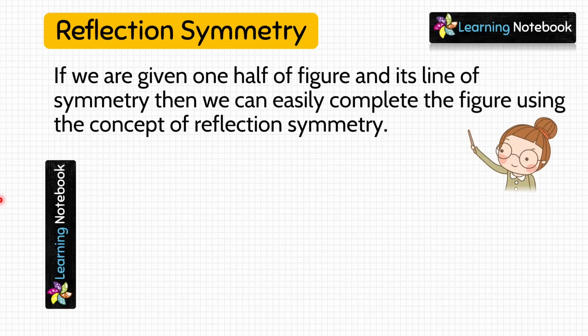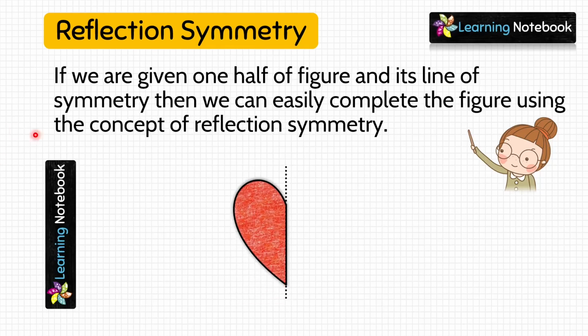Now students, if we are given one half of a figure and its line of symmetry, then we can easily complete this figure using concept of reflection symmetry. Let's see how. Students, look at this picture.